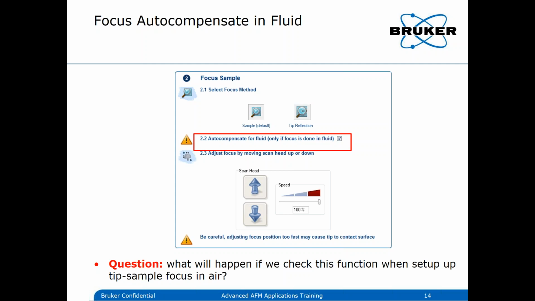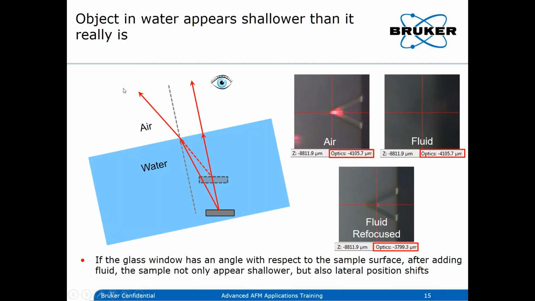This will automatically change the settings to the correct height that is again in focus. My colleague put here a question: what will happen if we check this function when the setup is pressed in air? Basically, you are then off by 250 micrometers. So I would usually, if possible, try to set up everything in air first before filling in the water, but I'm coming to that later.